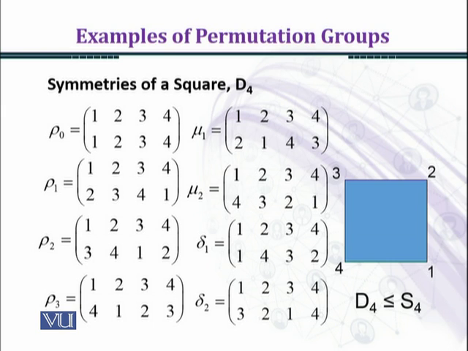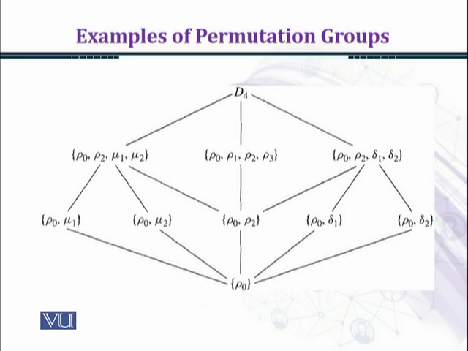You can see that D4 has 8 permutations, and D4 is a subgroup of S4. S4 is the symmetric group having 24 elements. Now we shall consider the subgroup diagram of D4.